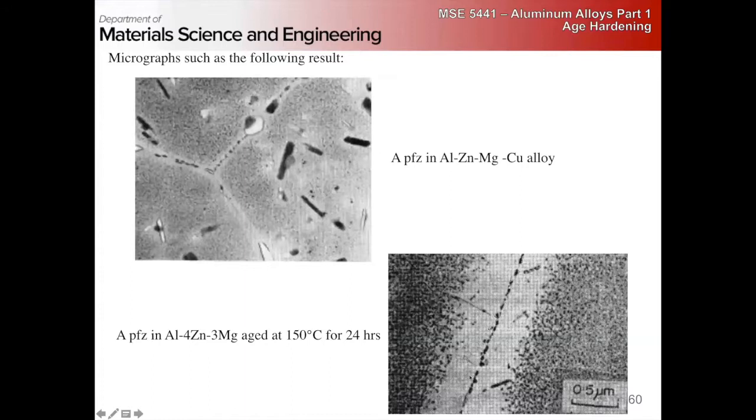Here's a secondary phase forming on the grain boundary, right? And then these will grow by Ostwald ripening. And so as these precipitates grow, what's going to happen to the precipitate-free zone?